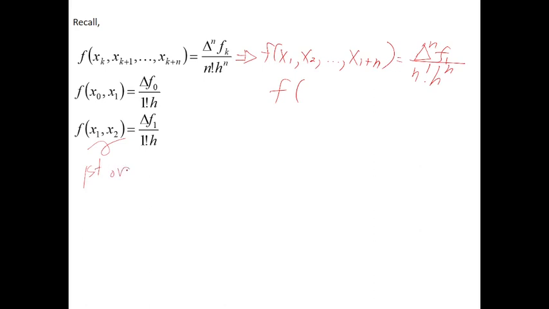First order pa rin yan. Okay? First order pa rin. So, kung first order pa rin, n is 1. Ito, first order, n is 1. So, in this case, f of x1, x2, okay, delta, kasi first order yan, n is 1. Delta f1 over 1 factorial times h to the power of 1. Kaya ganyan siya. Okay?